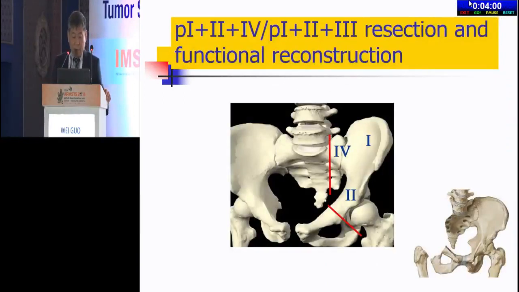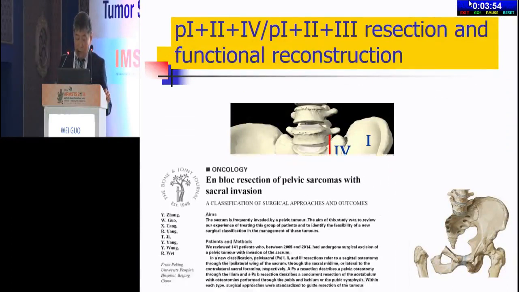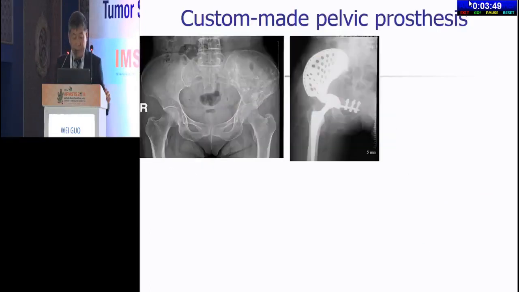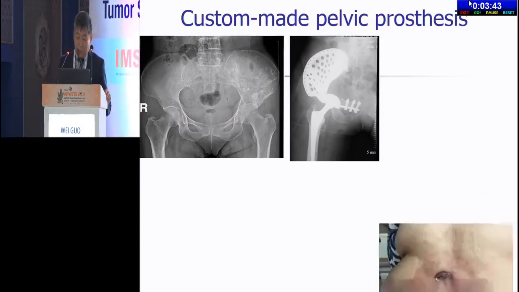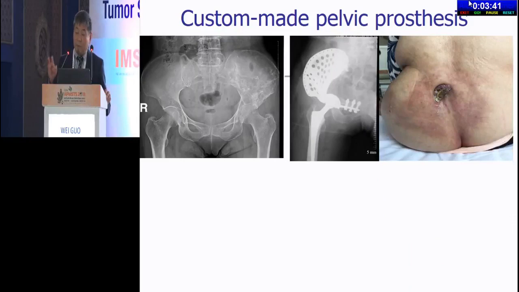So what about resection after P124, P123 resection? How do we reconstruct this? This paper we also published in BJJ. My colleague used a custom-made prosthesis to reconstruct this area, but the patient had a problem with the prosthesis being exposed to the outside, an incision problem.